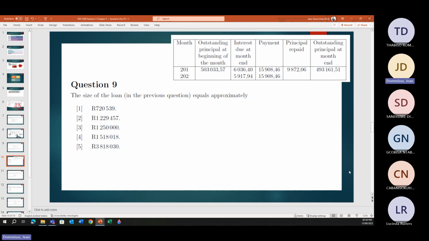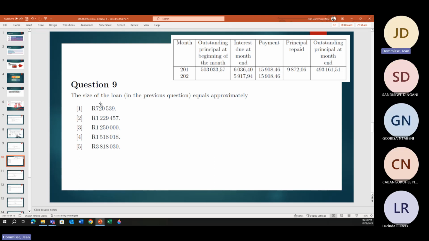Specifically around amortization, one always feels that there might be two questions around that. So the follow-up question is, what is the size of the loan approximately?